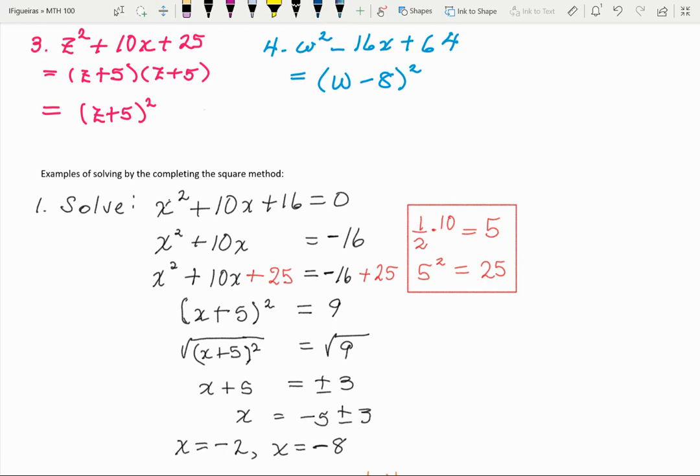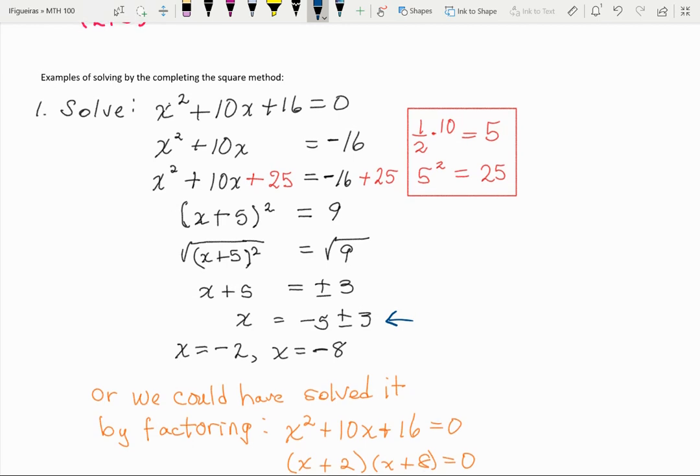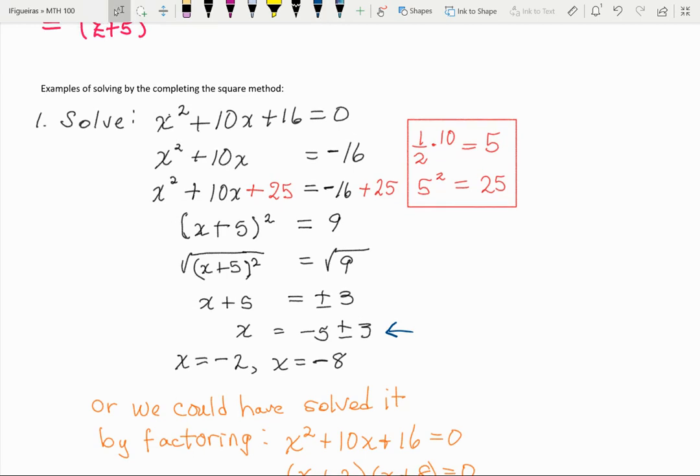Subtract 5 from both sides, and you get x equals negative 5 plus or minus 3. On the next line, negative 5 plus 3 is negative 2, which is right here, and negative 5 minus 3 is negative 8, which is right here.